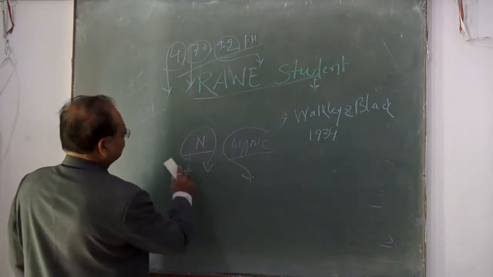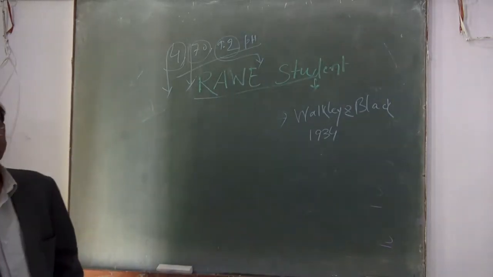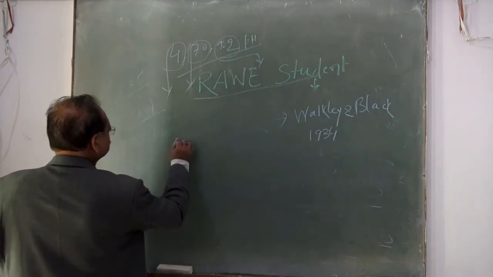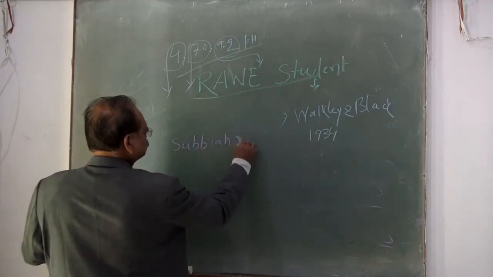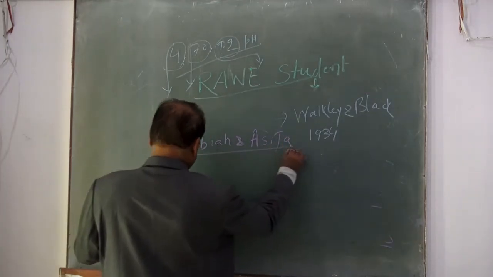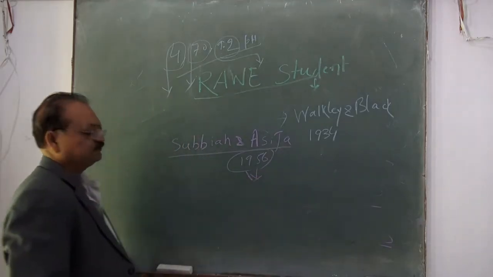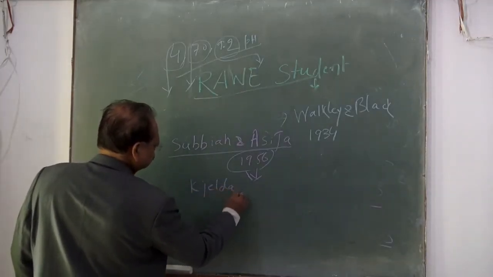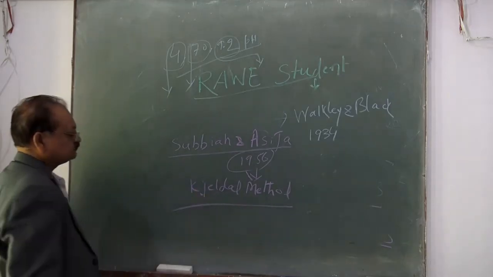So for knowing the amount of nitrogen in the soil, scientists Subbiah and Asija in the year 1956 gave a method that is known as the Kjeldahl method.